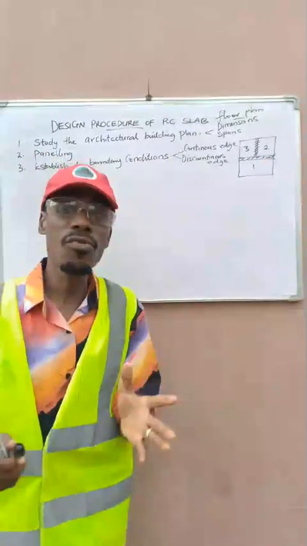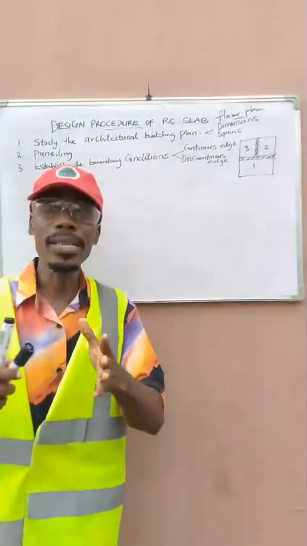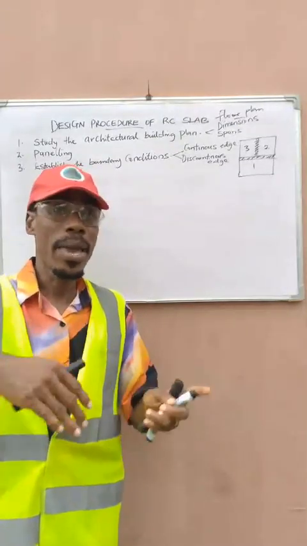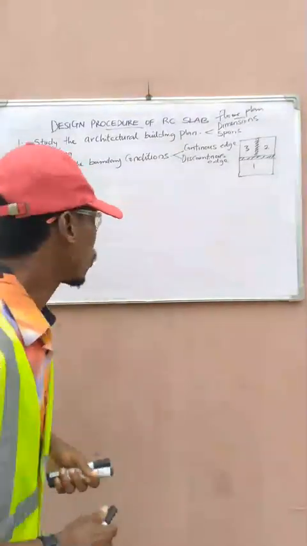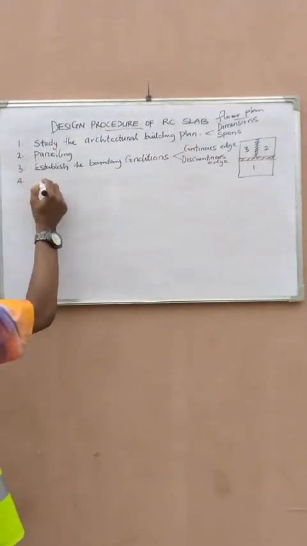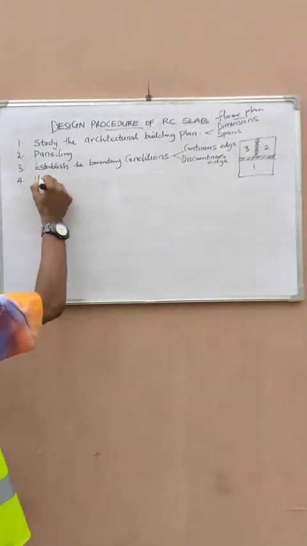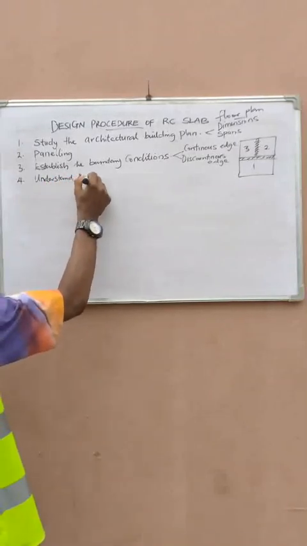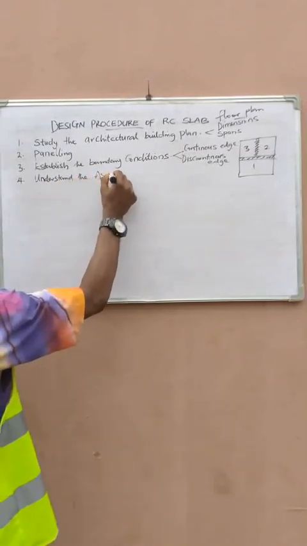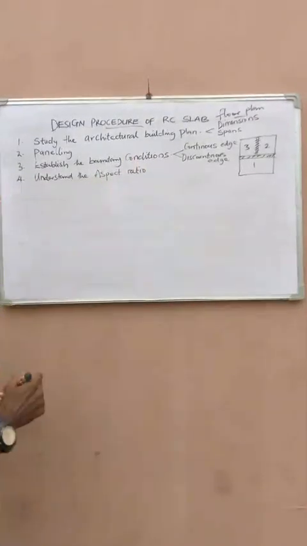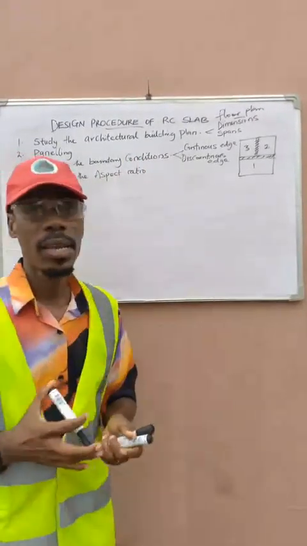The geometry of your building, by the time you segment it, you discover the various cases based on their boundary condition. The next thing you're going to look out for is to understand the aspect ratio.